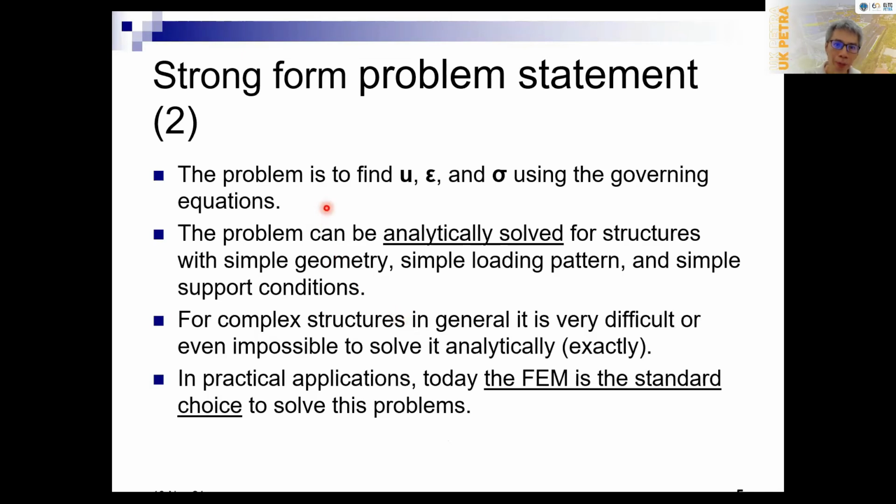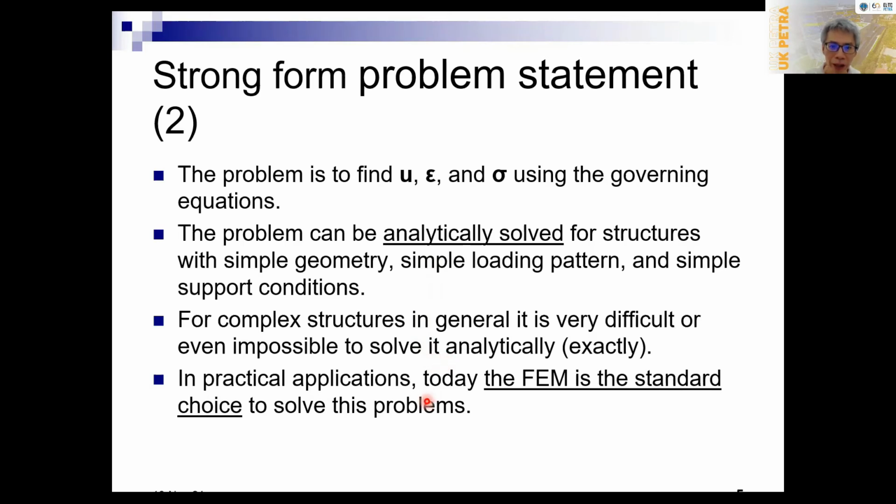So again, the problem is to find displacement, because after finding the displacement, it's easy to compute strain and stress. The problem can be analytically solved for structures with simple geometry, simple loading pattern, and simple support conditions. For complex structures, in general, it's very difficult or even impossible to solve it analytically or exactly.